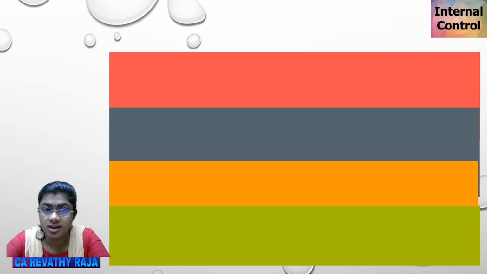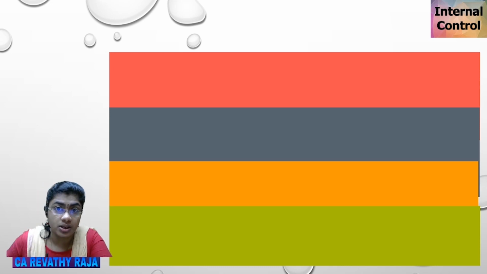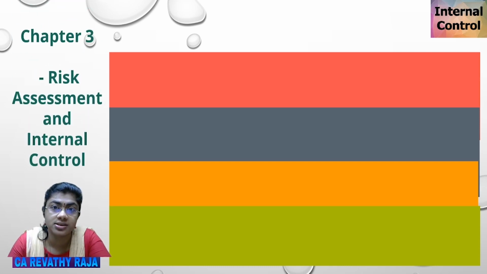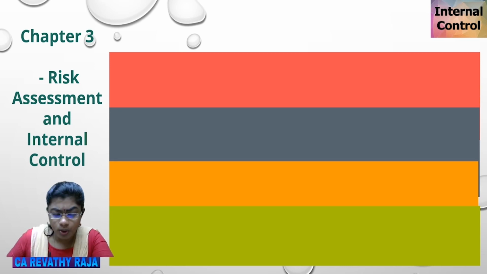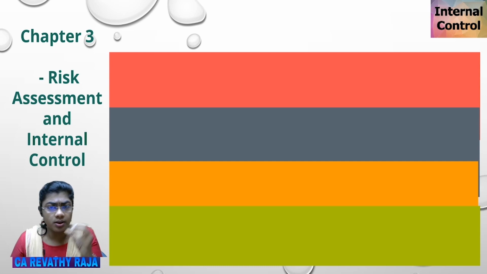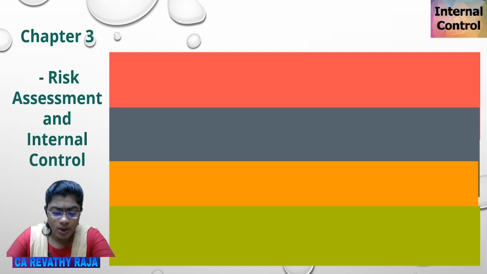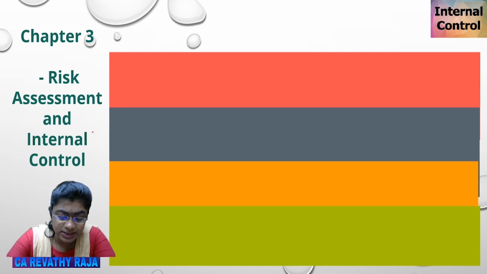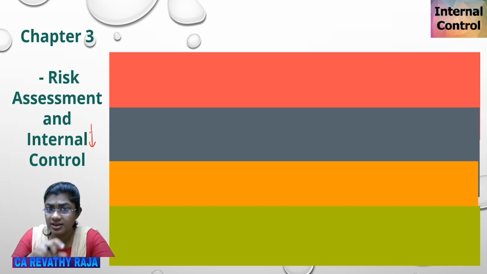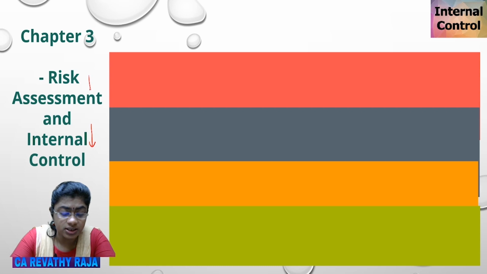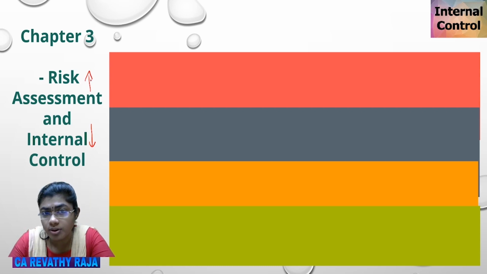So, we are starting chapter number 3, which is risk assessment and internal control. What is the link between the words risk assessment and internal control? Wherever the internal controls are weak, there risk will be more.